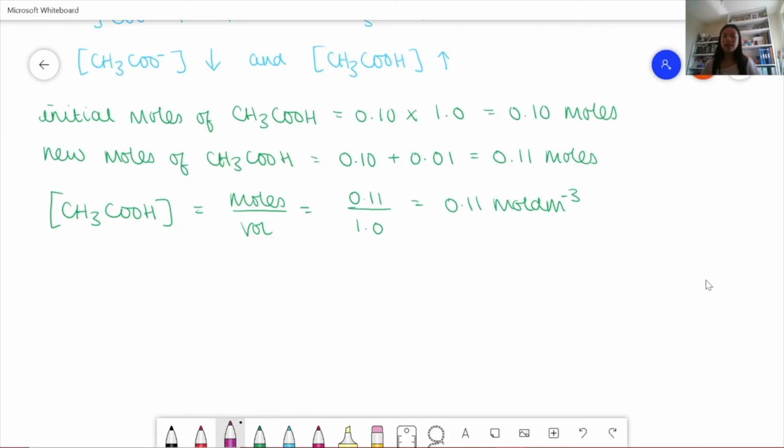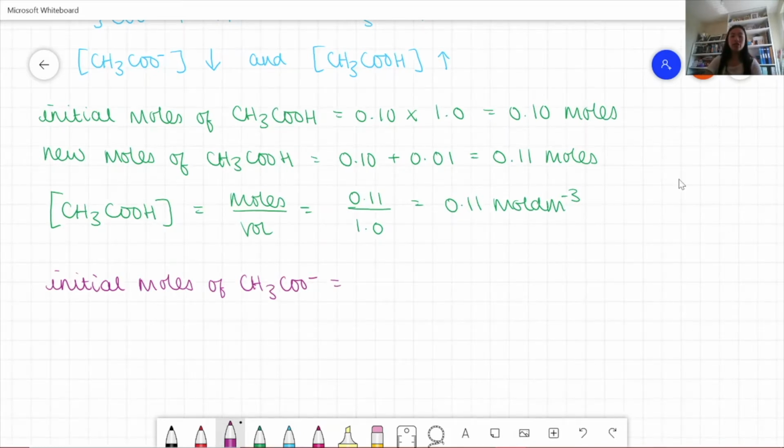And so what we have is initial moles of this ethanoate is equal to the concentration times the volume in the question.